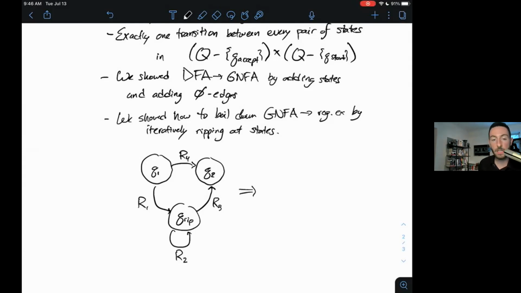So this is just a little gadget. It's not a whole GNFA, it's just one little part of a GNFA. I'm considering some state that I've designated as Q rip that I want to take out, and two other states, Q1 and Q2.